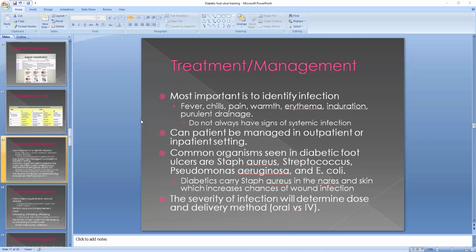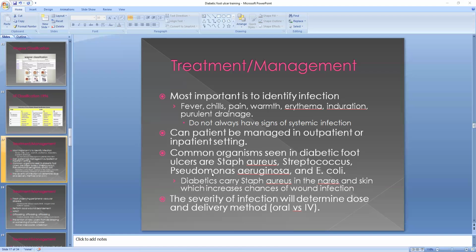A lot of times the patients don't have the systemic infection symptoms, so you still have to be aggressive, but they may not present like they're looking septic, but it can happen. And you've got to decide, can this patient be managed in the outpatient setting, or is this an inpatient type of setting? We need to get them IV antibiotics. We need to get them aggressively taken care of.